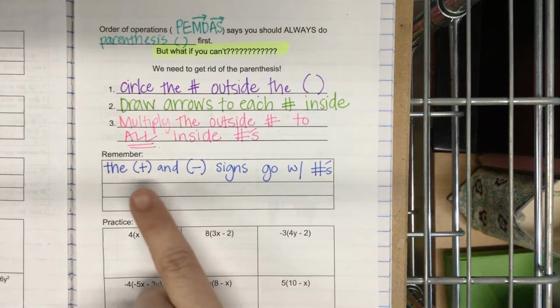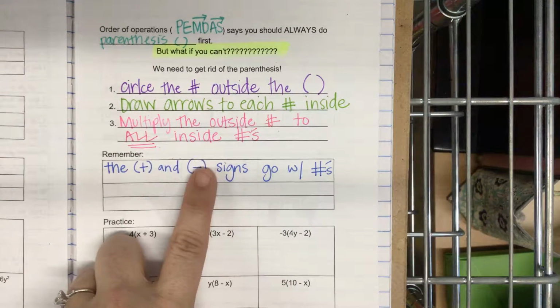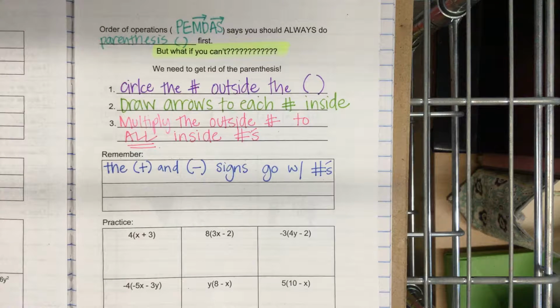Yeah. The plus and the minus, those signs, positive and negative signs, go with the numbers, just like when we combined like terms. That minus sign sticks with that number behind it. A plus sign sticks with that number behind it. Don't just be like, meh, good enough.